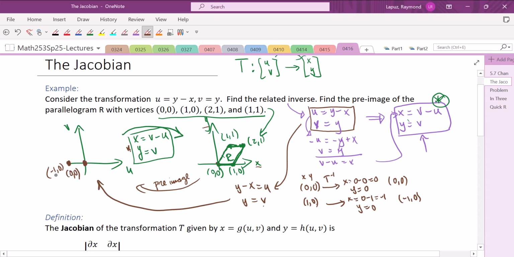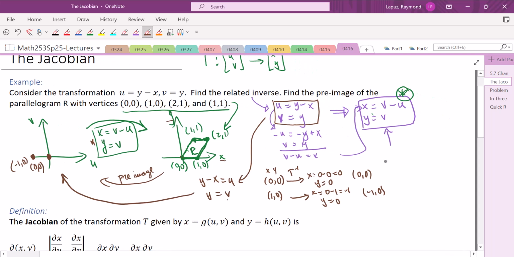And then we keep going. We'll put 2, 1 in. So the T inverse of that is going to be u equal to y minus x, so y is 1, and then minus x is 2, so that's negative 1. And v is going to be just y, which is the second component.